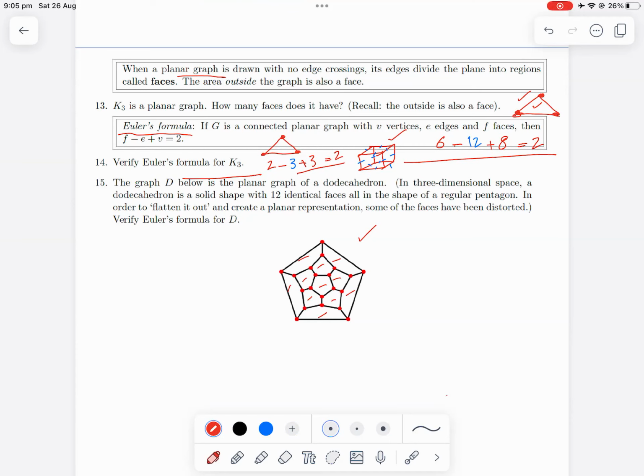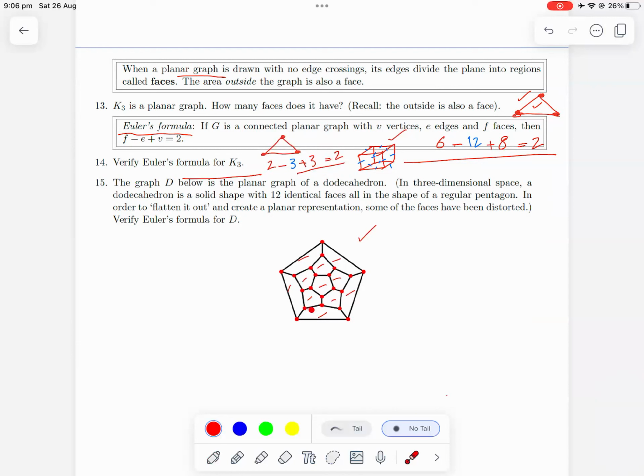So am I right? Actually. So 1, 2, 3, 4, 5, 1, 2, 3, 4, 5, 6, 7. Okay. So 5 here, 6 here, 7 here.